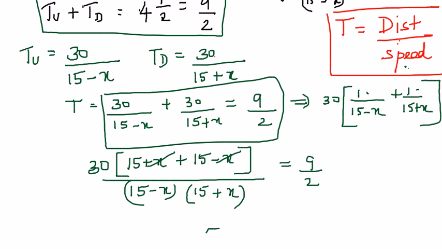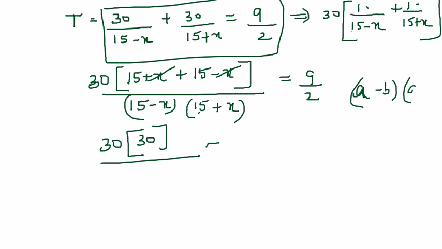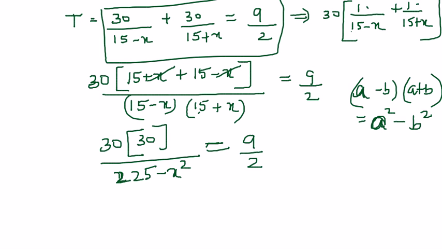So this equation can be written as 30 into 15 plus 15 is 30. And below, 15 minus x into 15 plus x is of the form a minus b into a plus b. It's a very important formula. So it is a squared minus b squared, right? So here it will be 15 squared, which is 225, 225 minus x squared, is equal to 9 by 2. Now we only have to find x.